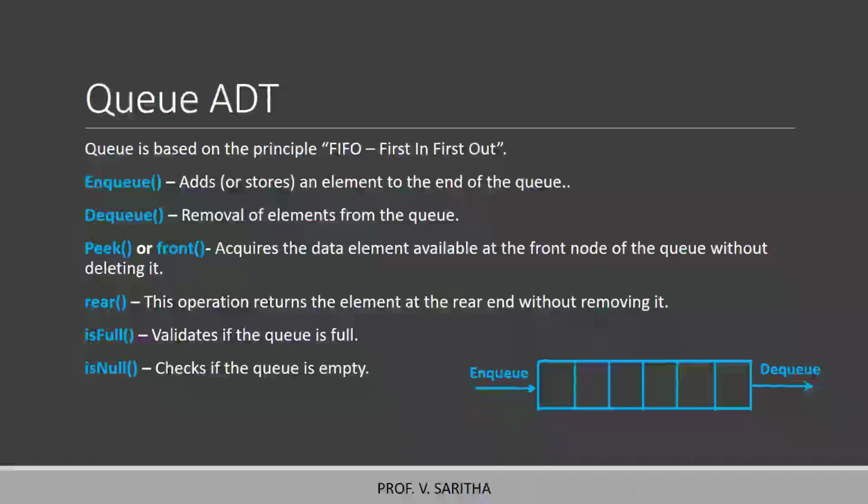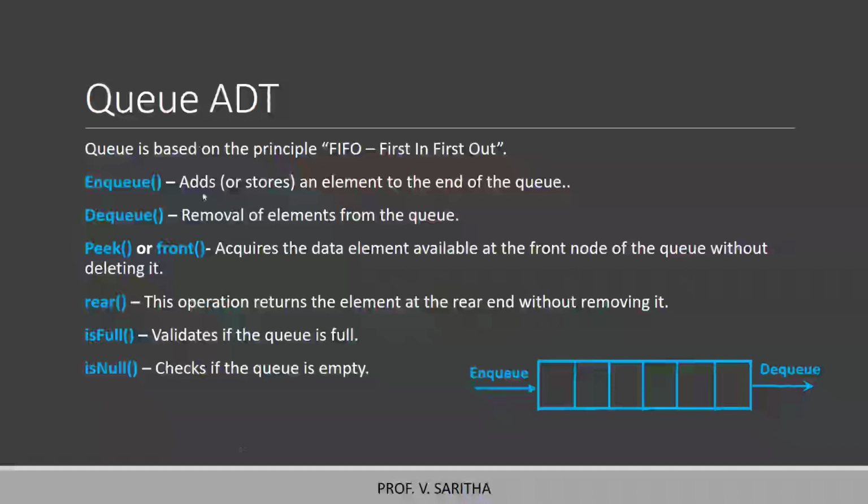And obviously, the principle behind that is FIFO, first in, first out. Who enters a queue first will be coming out of the queue first, right? So the same basic principle we are following here also. It is very easy to understand because it is very much related to our general life.